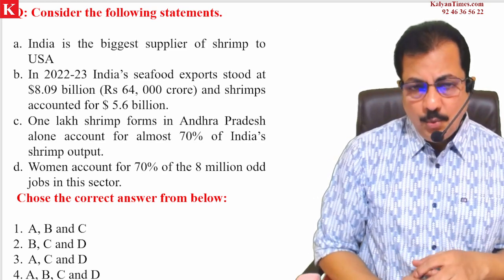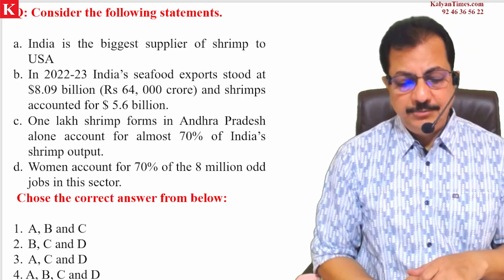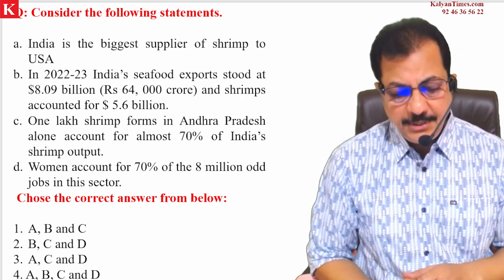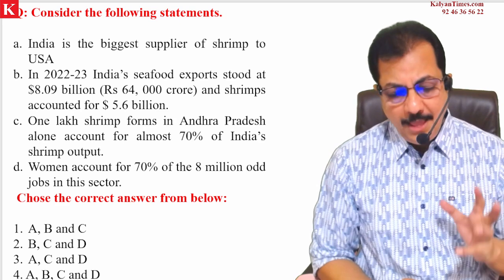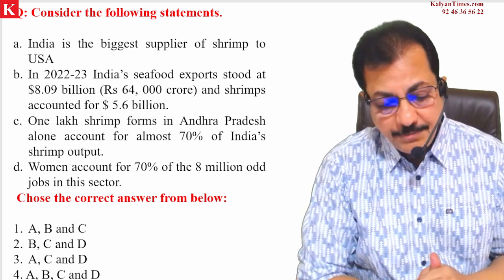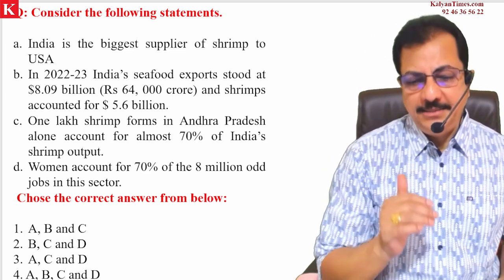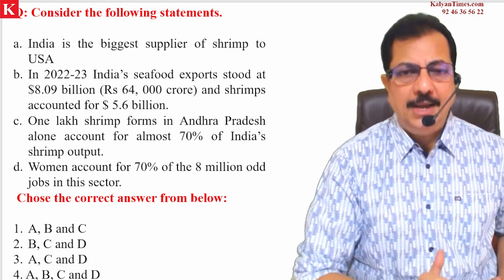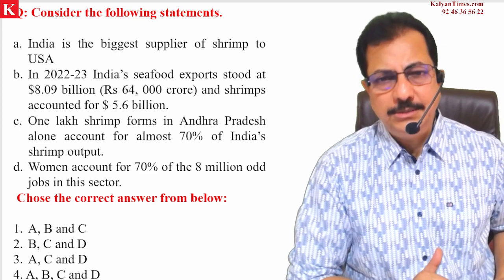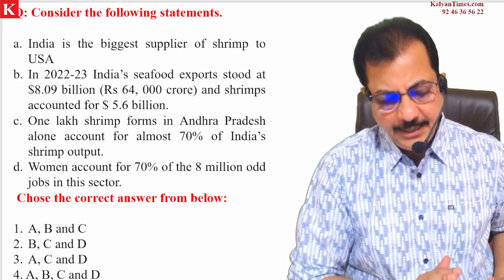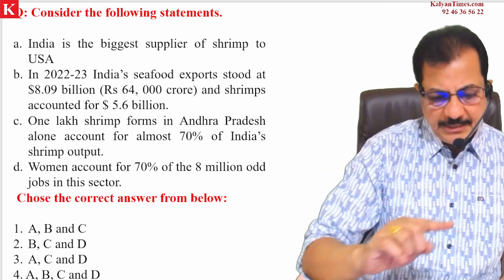C: 1 lakh shrimp farms in Andhra Pradesh alone account for almost 70% of India's shrimp output. I told you already, with respect to our states, Andhra Pradesh is the largest producer of shrimps in India, right? So statement C is also correct.